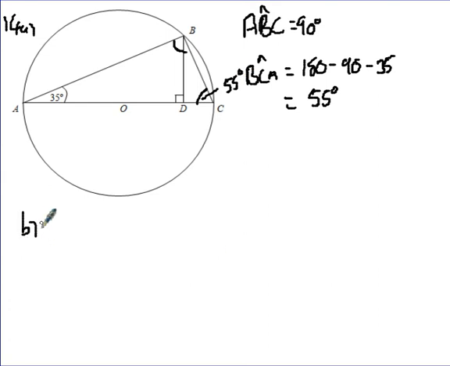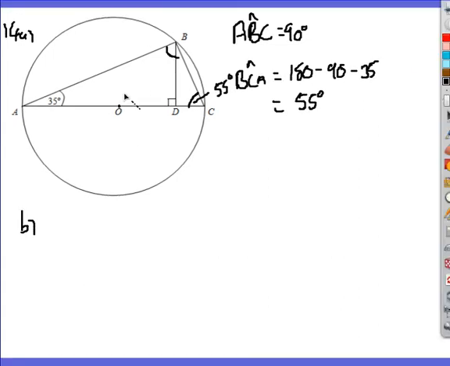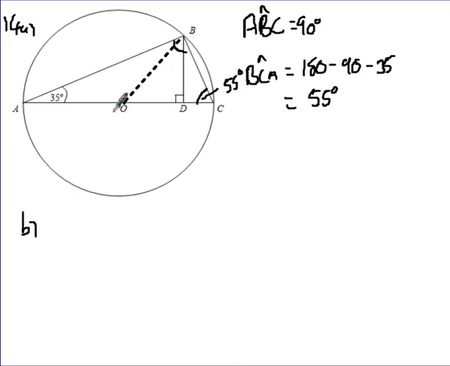Part B, work out the size of angle BOA. Now BOA is this angle in here. So how could you go about solving that then? Well, this is when you start to think about it, isn't it? BOA.